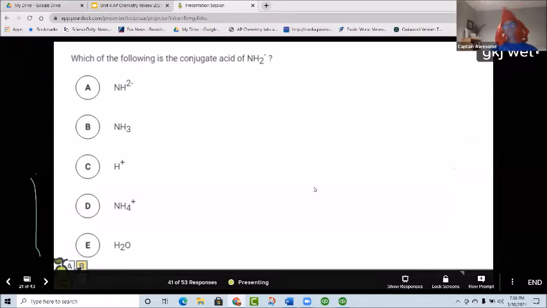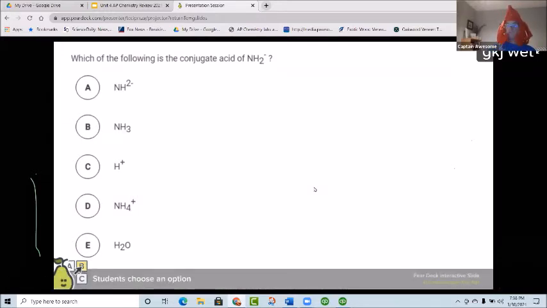All right, so what is a base? A base is anything that absorbs hydrogens, right? So if NH2 is a base and it's absorbing hydrogens, then the conjugate acid, the thing it becomes, would be something that can give away H's, because after all, that's what acids do.